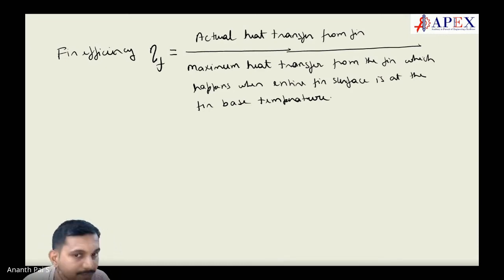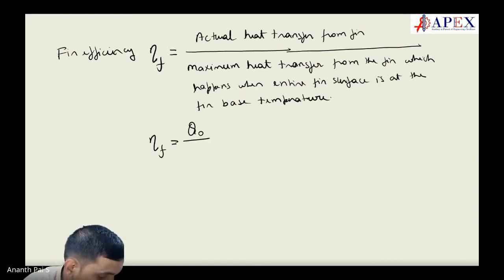What is it? Fin efficiency eta f is equal to Q actual divided by Q max.